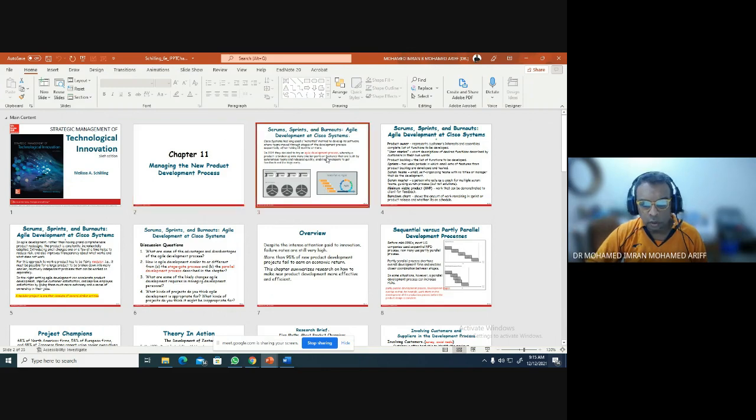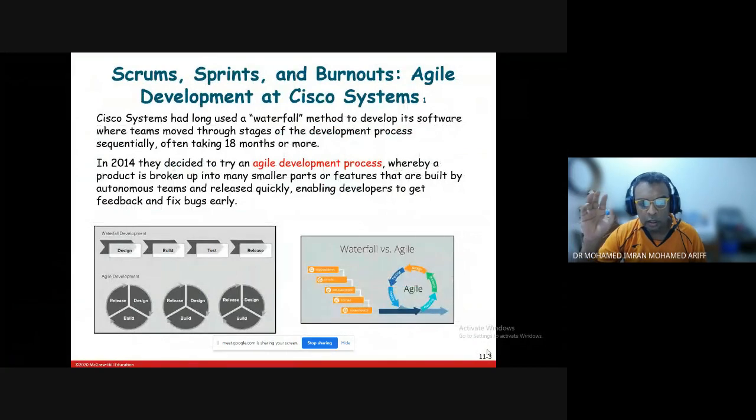In business organizations, the usual process model being used is the basic waterfall model. Cisco, an IT company, for example, used a waterfall model to develop its software products. It is a very simple model where you design, you build, and you test your products, and you can also do it in an agile manner.